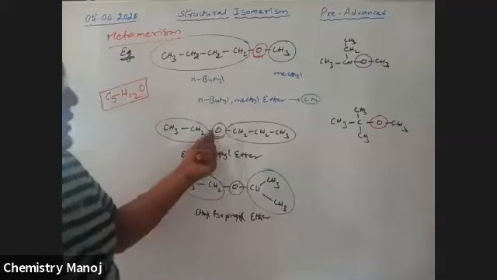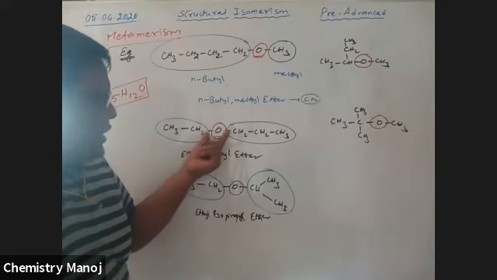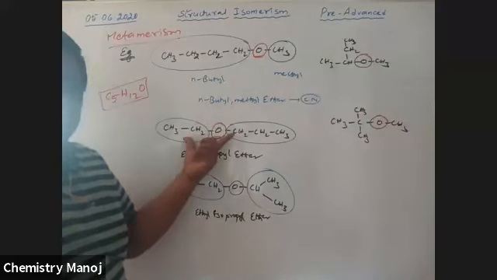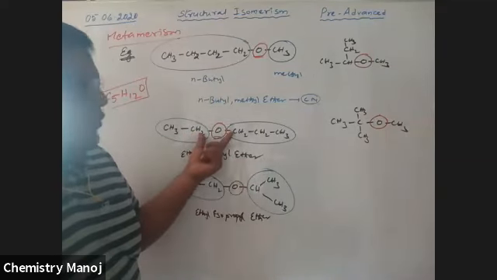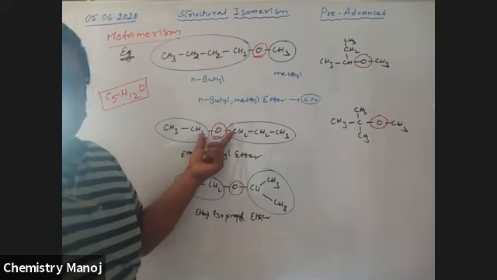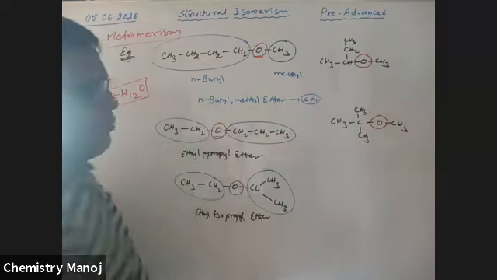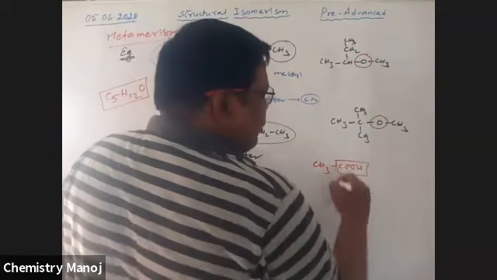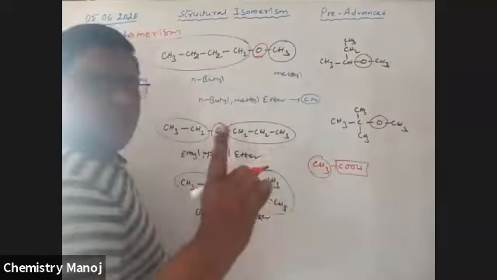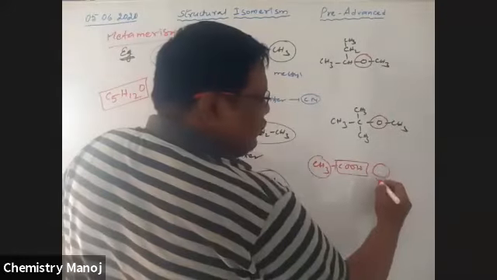It is possible only when at least two alkyl groups are attached, which means at least two free valencies must be present. For example, in CH3COOH, this is the functional group and the attached alkyl group is only one; another alkyl group does not exist.